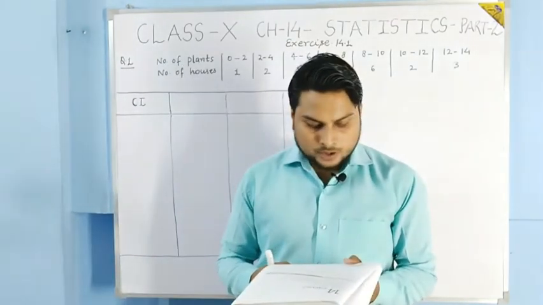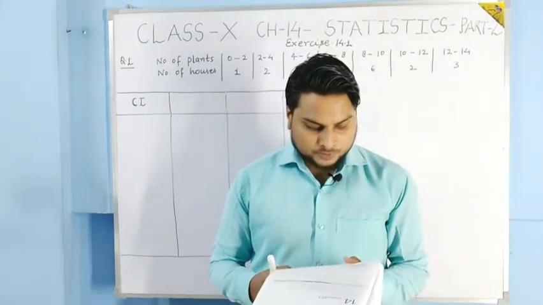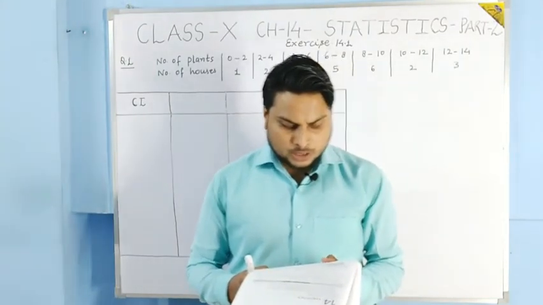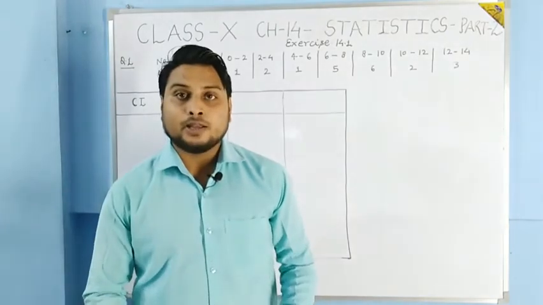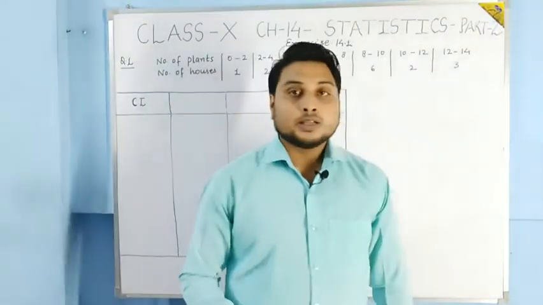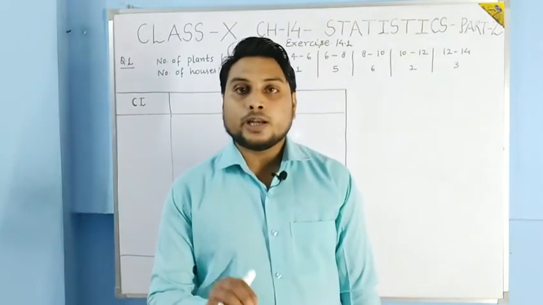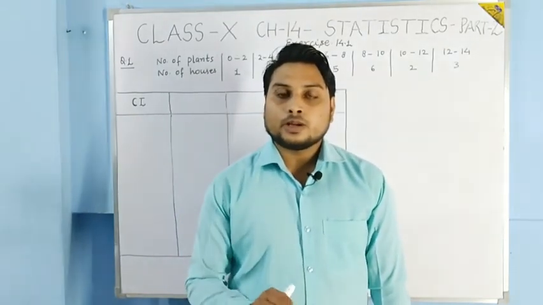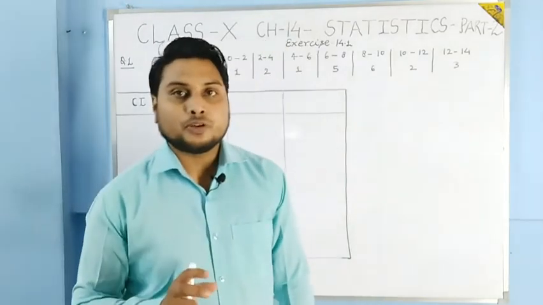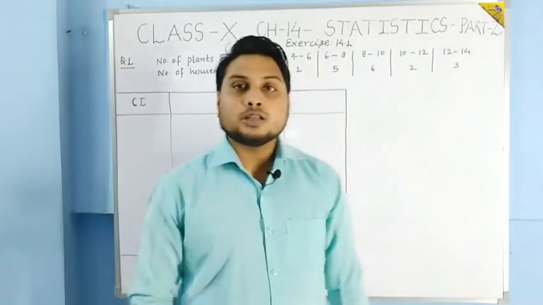Find the mean number of plants per house. Which method did you use for finding the mean and why? Students, while watching this video you are requested to keep your book with you, so that you can read the question from there, and here I am telling you the solution.